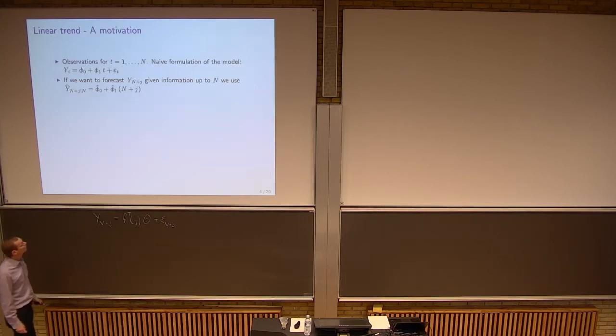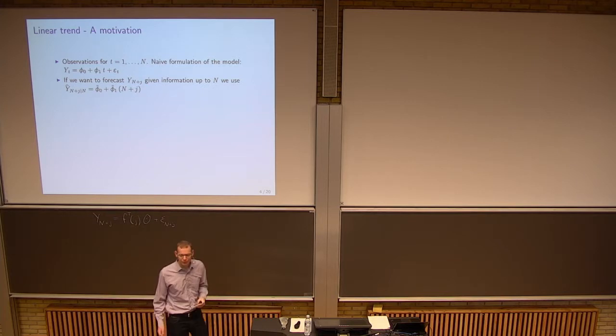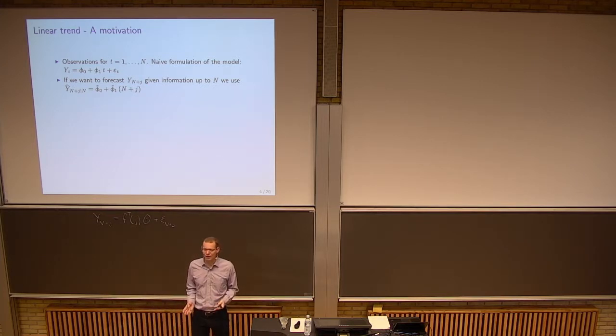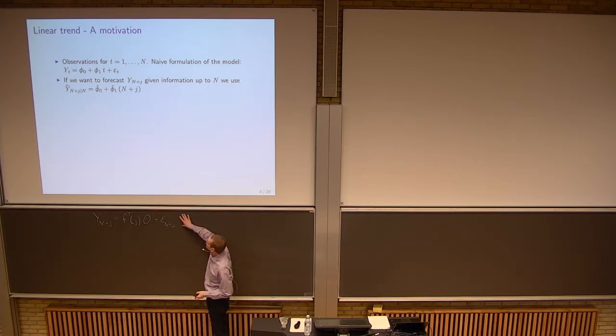Now, we want to do things in a linear way, and if we take a model like the top one there, y equals phi 0 plus phi 1 t plus epsilon t, then we could easily write it like this.